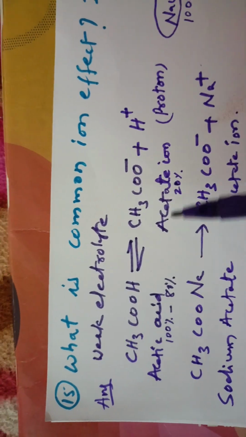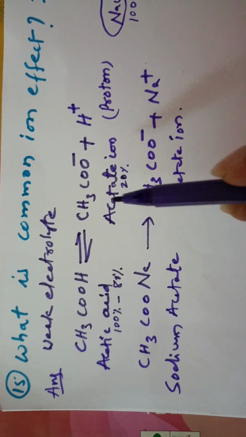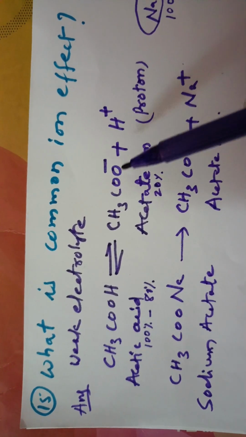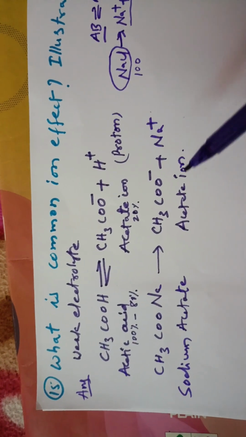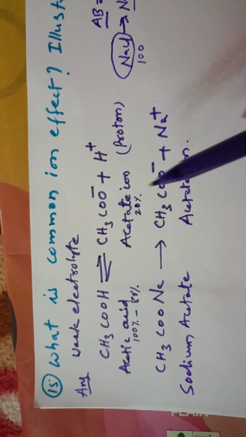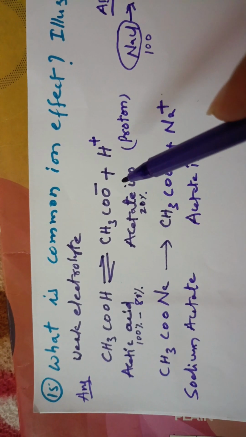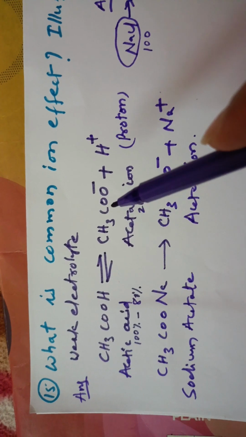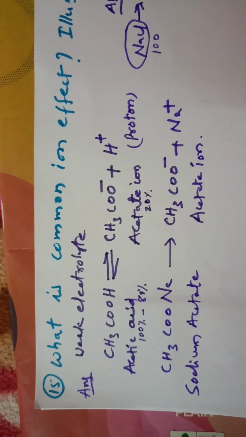So when it is in equilibrium, if you add a strong electrolyte which contains the same ion, a common ion, here the common ion is acetate ion, then the acetate ion concentration in this acetic acid increases. When the acetate ion concentration increases, to maintain the equilibrium, that extra acetate ion combines with H plus ion and forms acetic acid back.